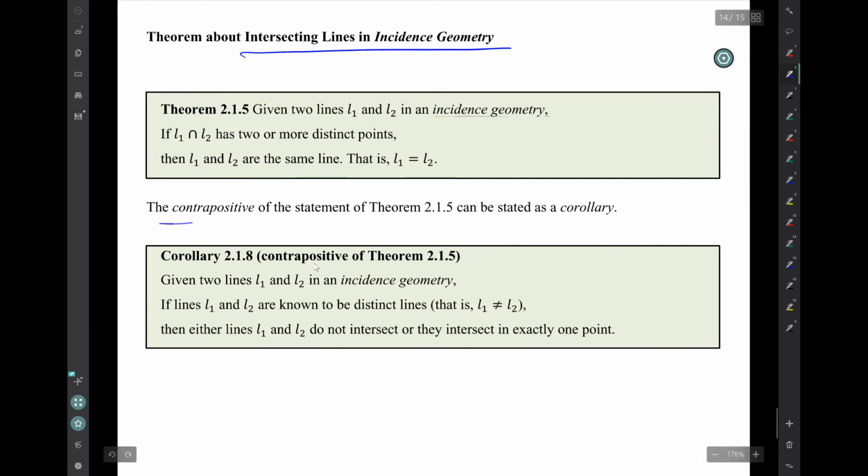Now there's a contrapositive of this theorem, which can be stated as a corollary. Given two lines in an incidence geometry, if those lines are known to be distinct, that is, not equal as sets, then either those lines don't intersect at all, or they intersect in exactly one point.